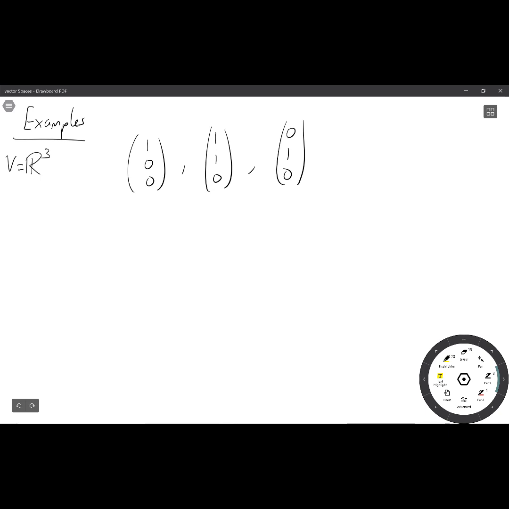Well, are these vectors linearly independent? Let's call them v1, v2, and v3. No, they're not linearly independent because we can make v2 by adding up v1 and v3. Okay, so these are linearly dependent.